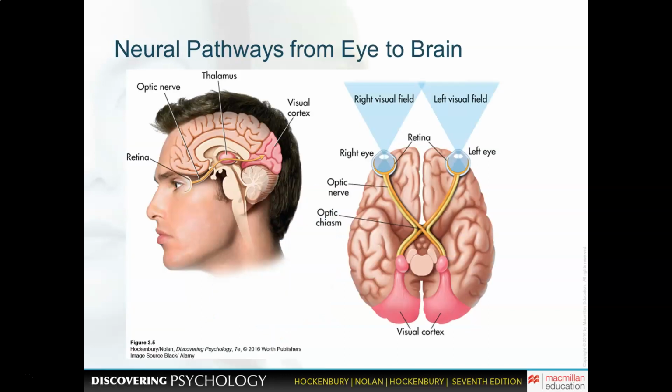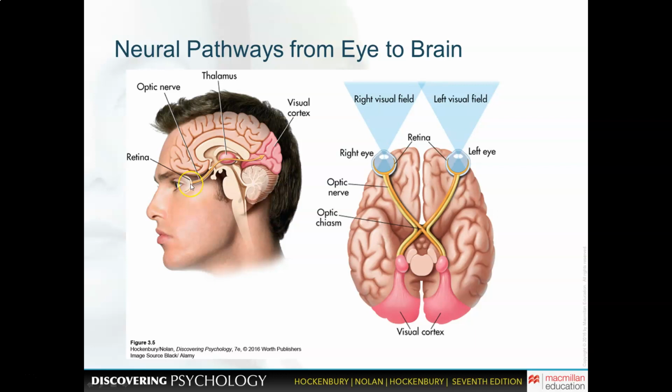Now, here's some interesting imagery about the neural pathways from the eye to the brain. What I think you will find interesting is that the incoming light touches the eye, and remember the retina is at the back of the eye.